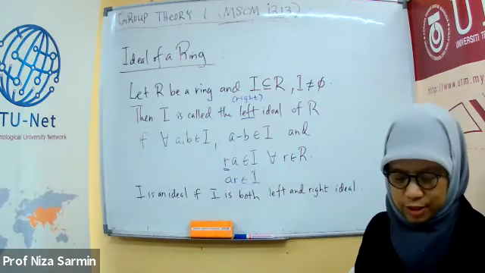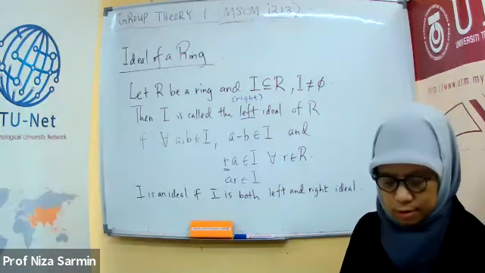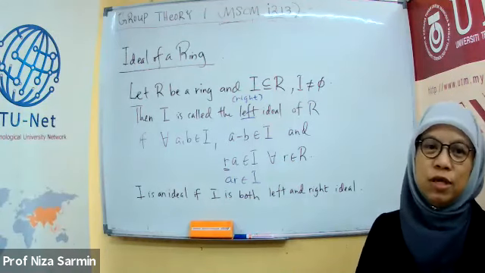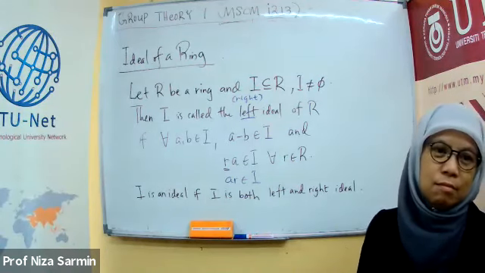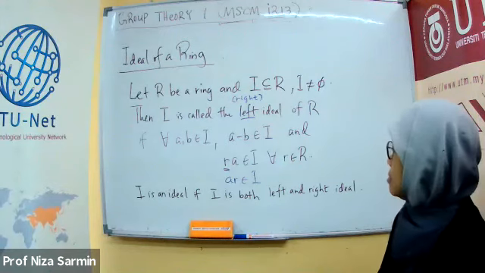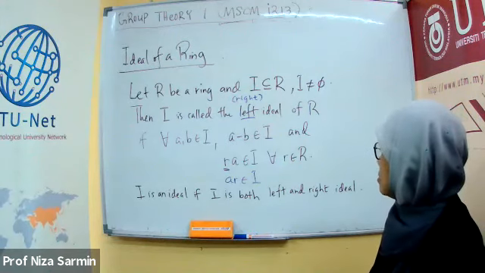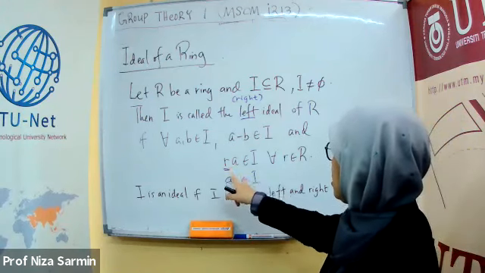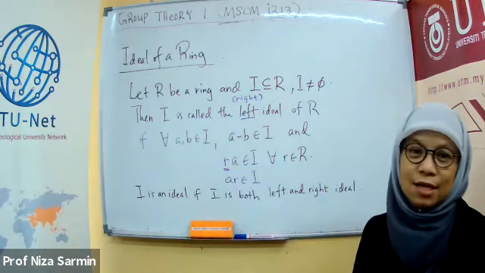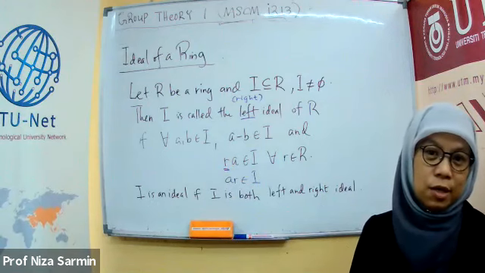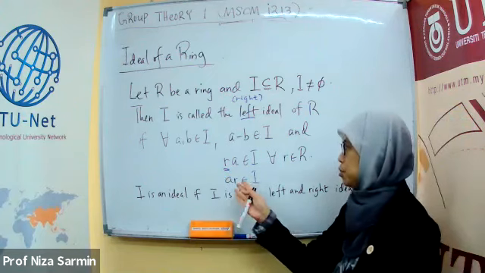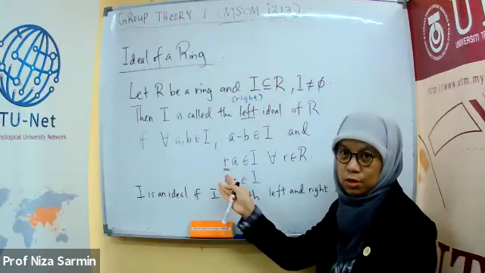Okay, question. What if the ring is commutative? If the ring is commutative, these are actually equal. Okay, if the ring is commutative, you don't have to show both because they are equal.